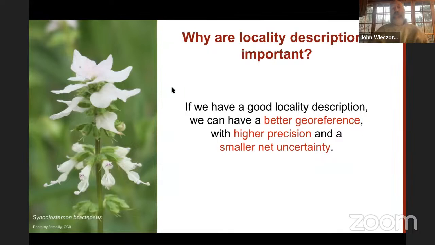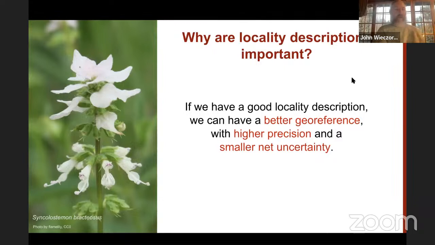So if we're going to have good locality descriptions, then we can have better georeferences. And that means that our precision is higher, our accuracy in describing the actual place that was meant is better. And that means that our net uncertainties about the description when we turn it into a spatial representation are diminished.